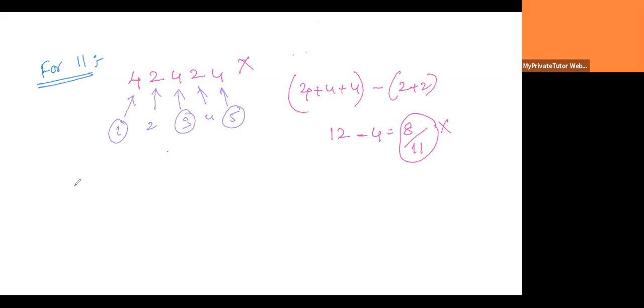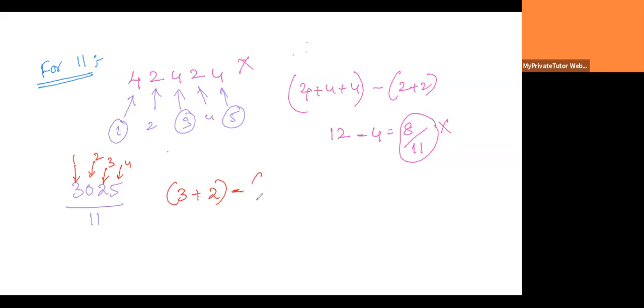So 3025, is it divisible by 11? See, these two are at even places. Odd places: 1, 2, 3, 4. So we are going to add the first digit and the third digit.